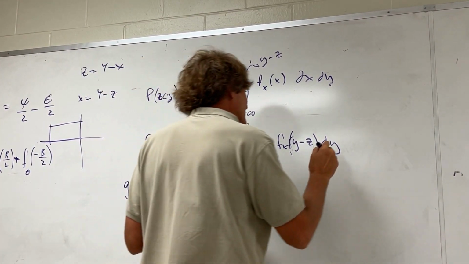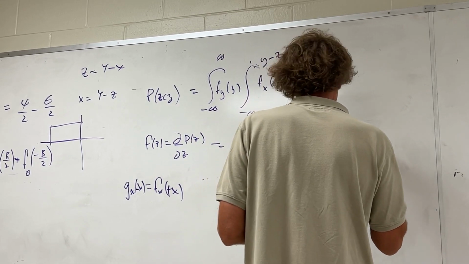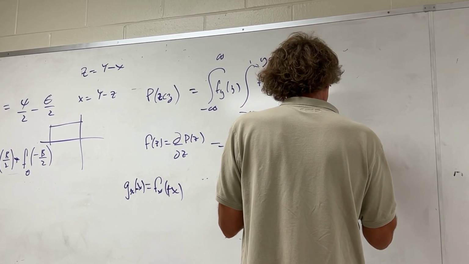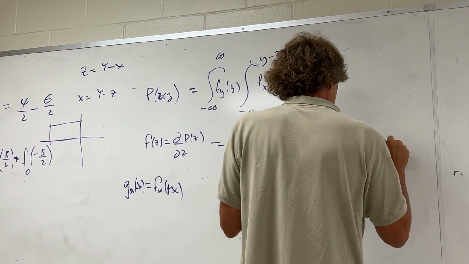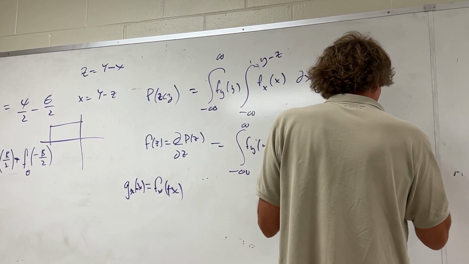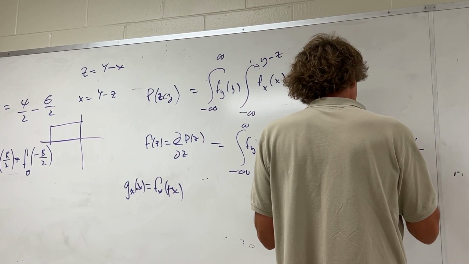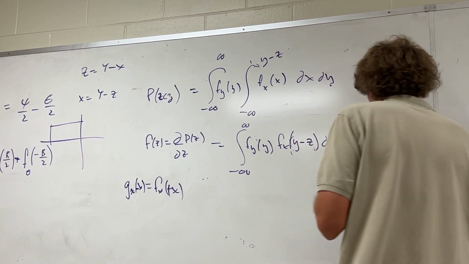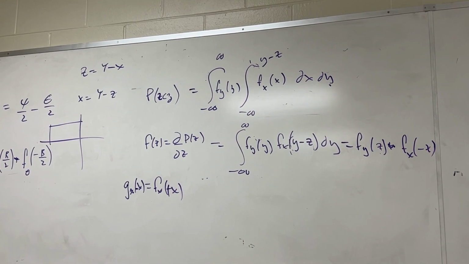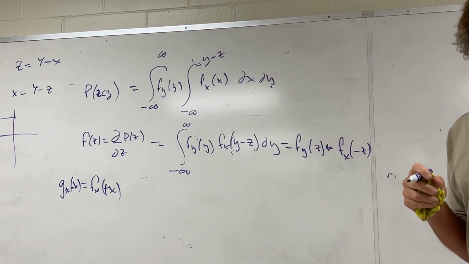And that's equivalent to saying, now I'm just going to take f of y and convolve it with f of x of minus z. That's the equivalent. This is a trick that's kind of nice to keep in the back of your head.